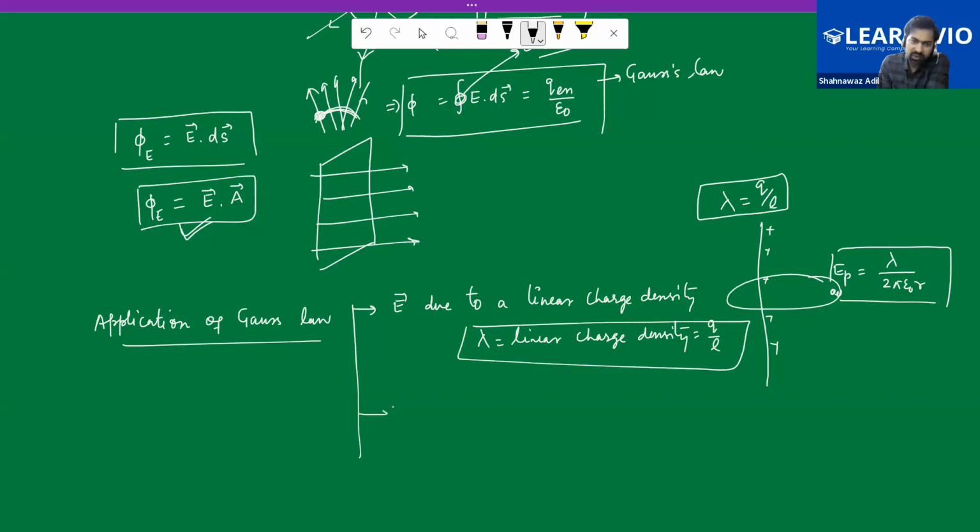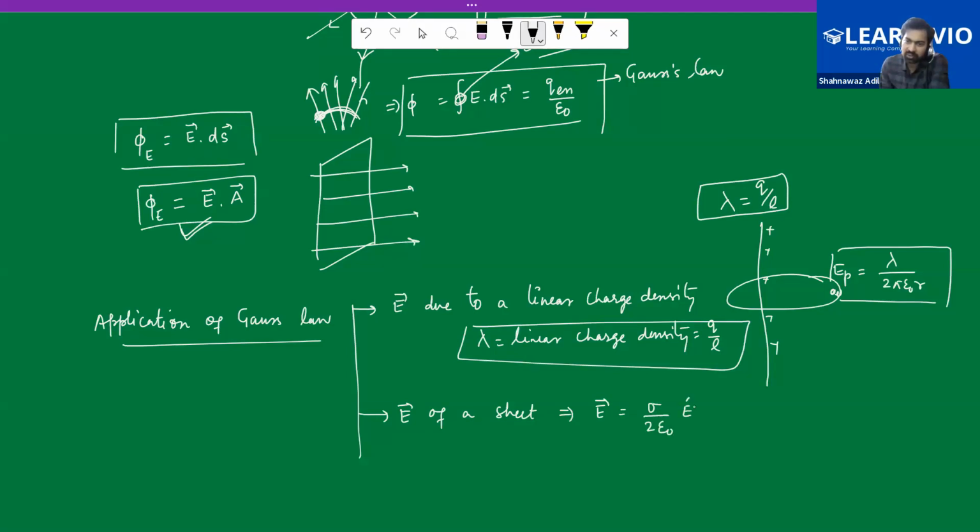And then we calculate the electric field of a sheet. Electric field of a sheet. And how much is the electric field? This is sigma by 2 epsilon, right?